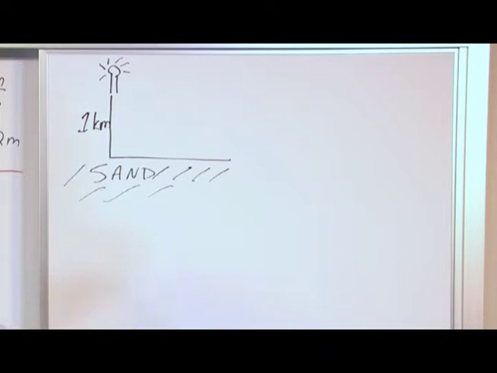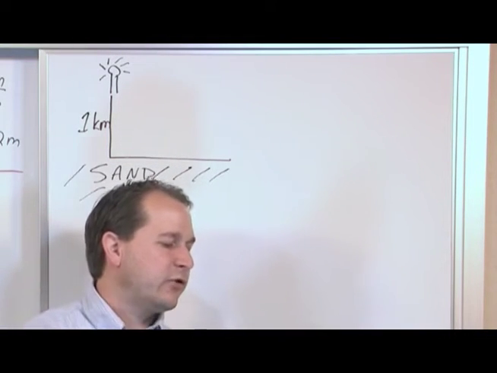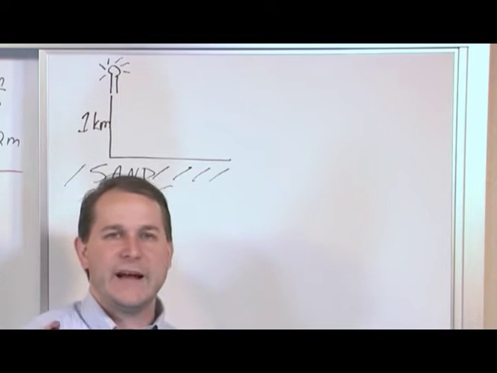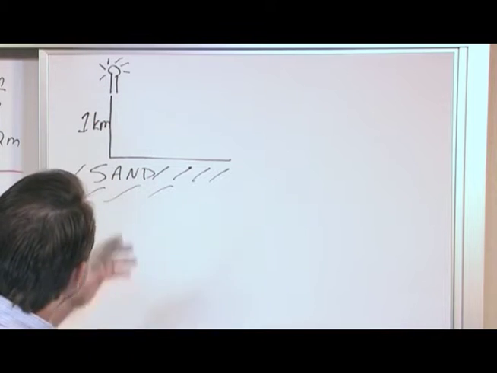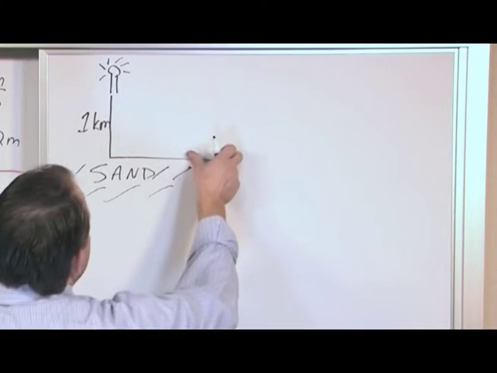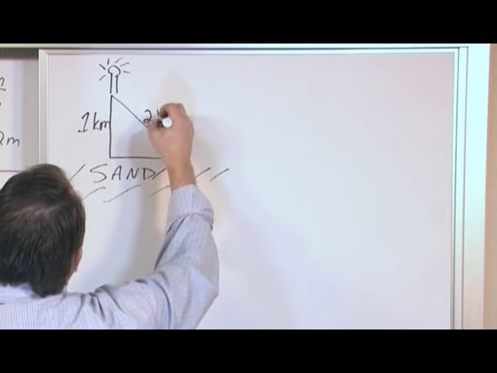That's given in the problem. Now, the problem also says, what is the speed of the beam as it sweeps across the shore and lights up the sand 2 kilometers away from the lighthouse? So if this is 1 kilometer, what am I talking about? What I'm trying to say is, maybe over here, this distance is 2 kilometers.